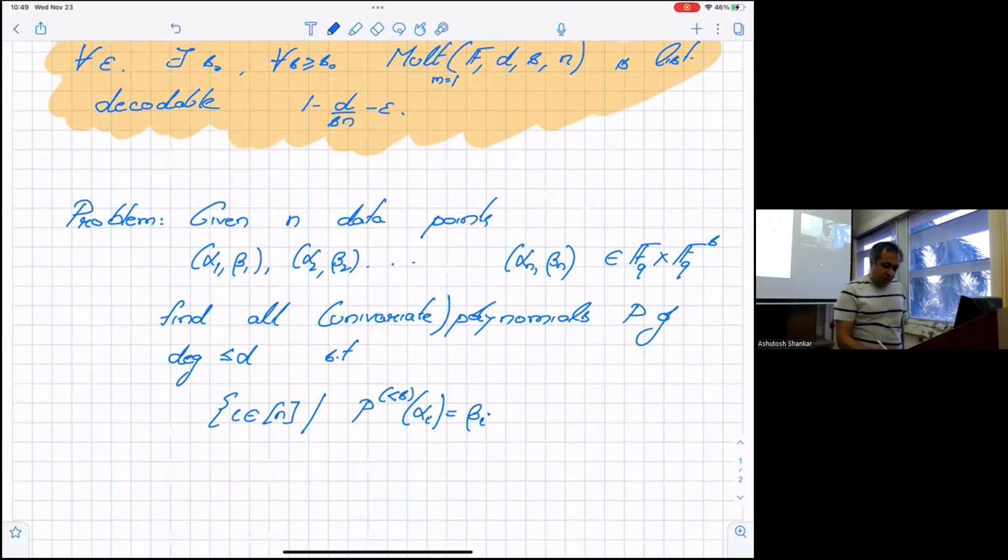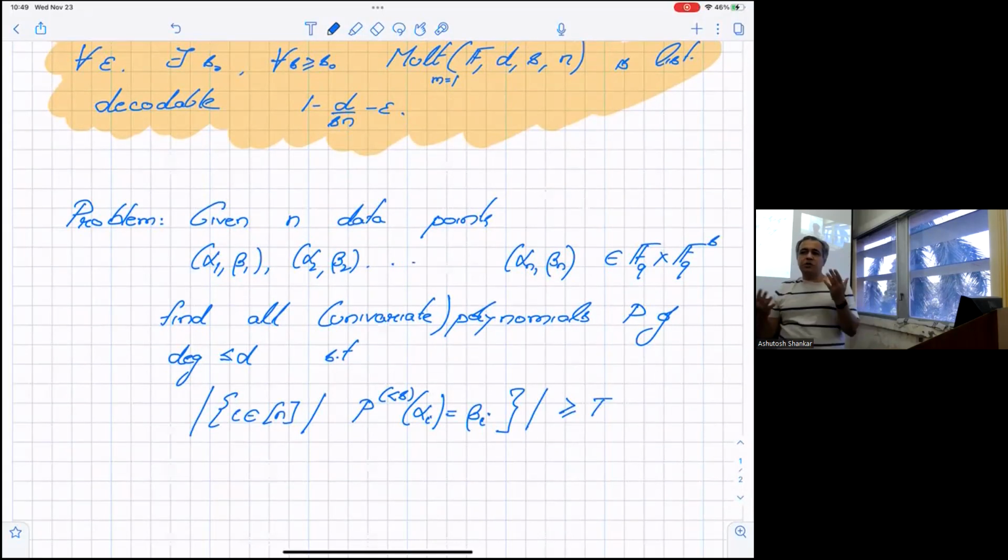The number of i's for which this happens is greater than or equal to some number. So t, d, n, s will all be parameters that we have to find out the choice of, to make the thing work. Right now, that is the problem at hand.